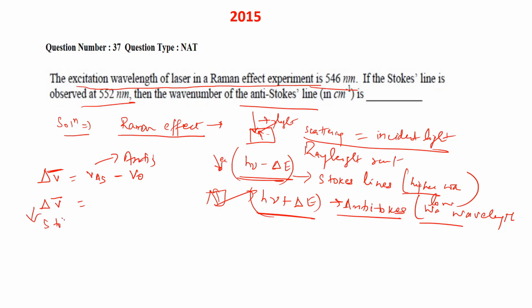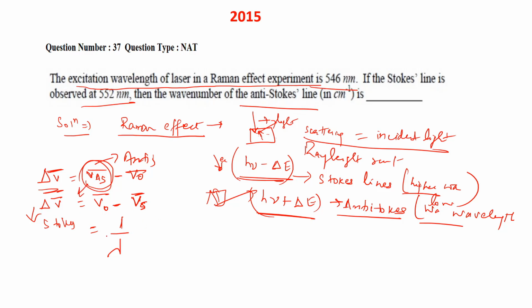So the Raman shift for Stokes will be the incident radiation minus the frequency of Stokes radiation. Here the shift is in wave number, which is the reciprocal of wavelength. This is not frequency, this is wave number.